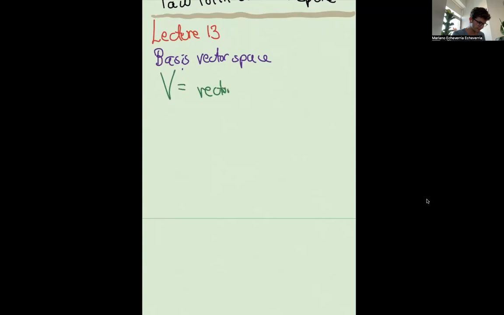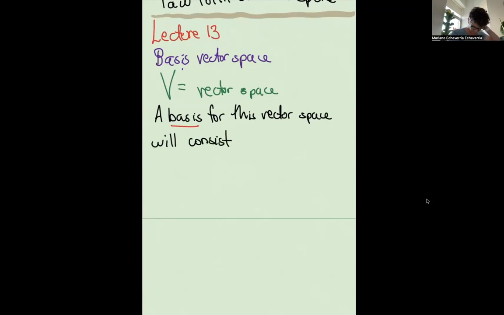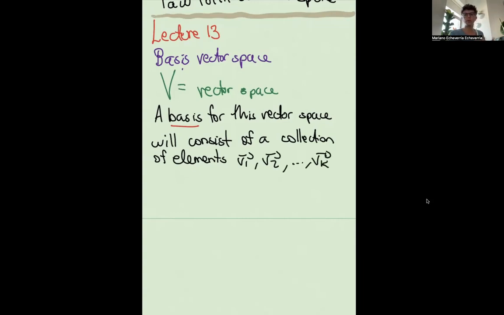So this is going to be a vector space, and a basis for this vector space will consist of some vectors v1 through vn of the vector space, such that each vi is an element of V.